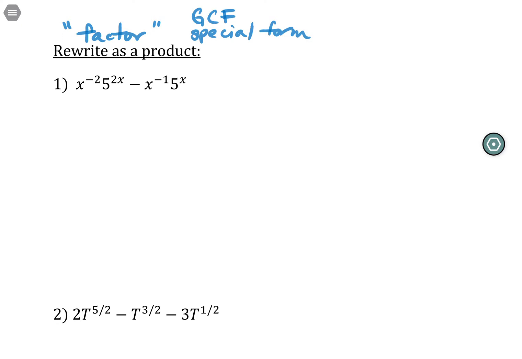If you have three terms, you want to think about, can I do my factor trinomials business where I try to unfoil it? And if you have more terms, then again, always GCF first, maybe look for one of your special forms or maybe look for a factor by grouping.